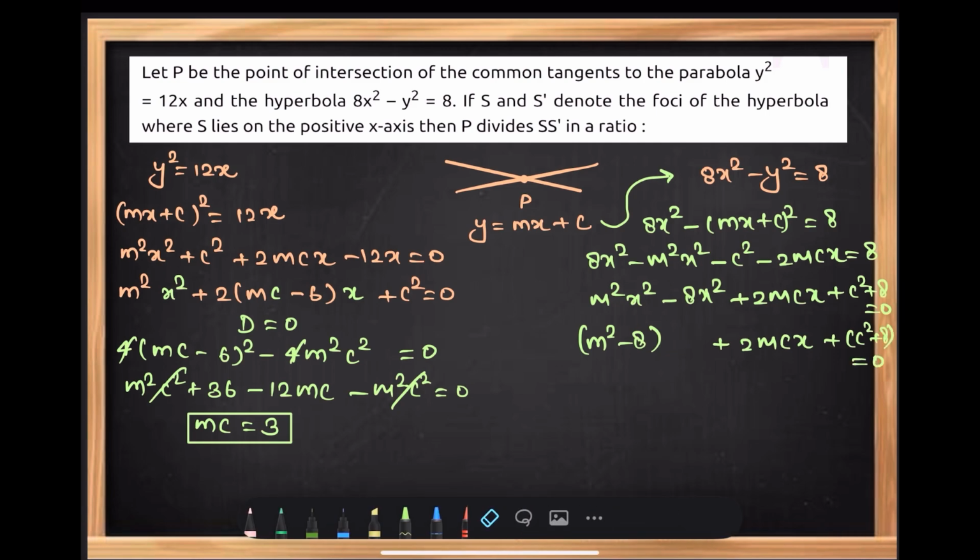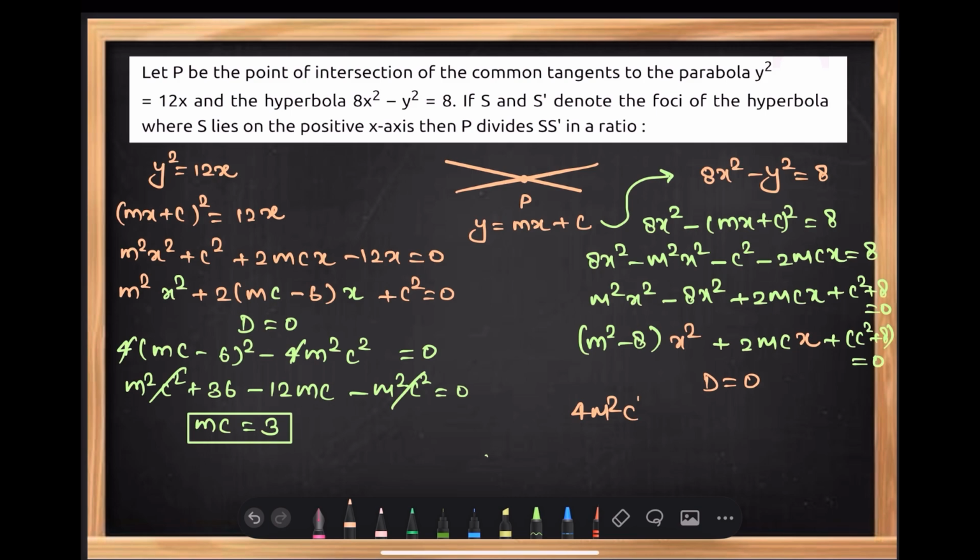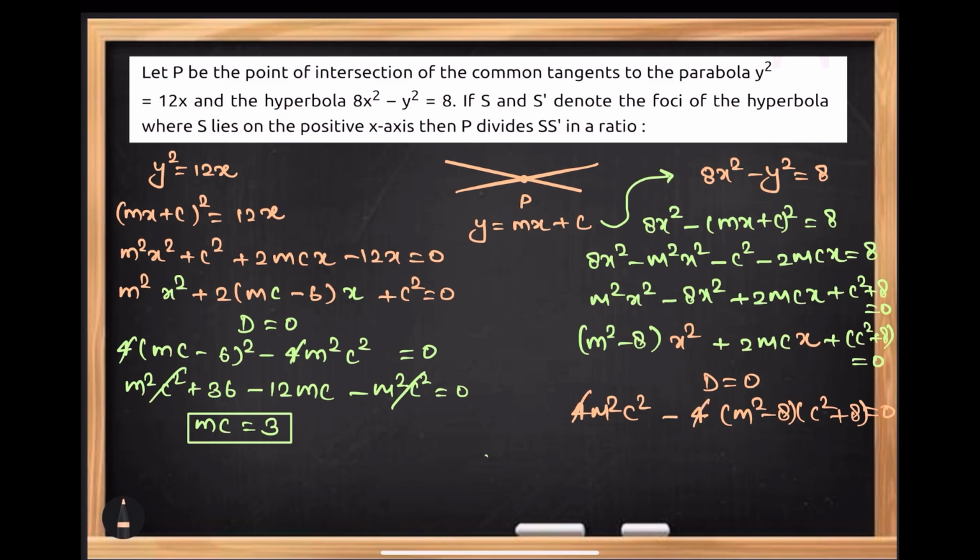Again we got a quadratic in x. Now we will put D equals 0. So b square minus 4 (m square minus 8)(c square plus 8) equals 0. Let's divide both sides by 4. This thing gone.